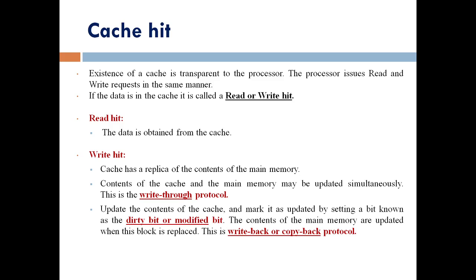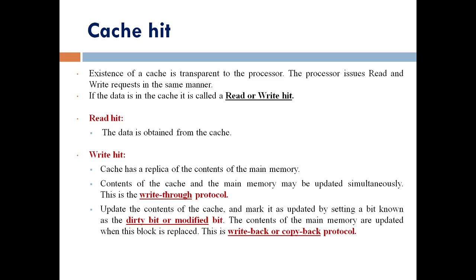Another write hit approach is updating the contents of the cache and marking it as updated by setting a bit known as the dirty bit or modified bit. Later, the contents of the main memory are updated when this block is replaced. This is called write back or copy back.